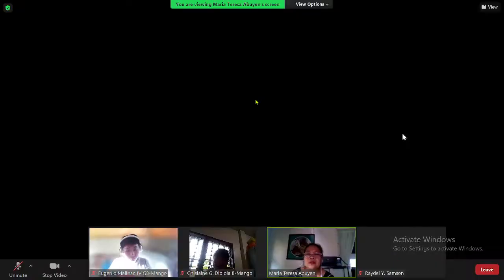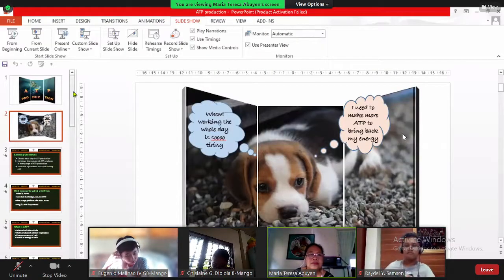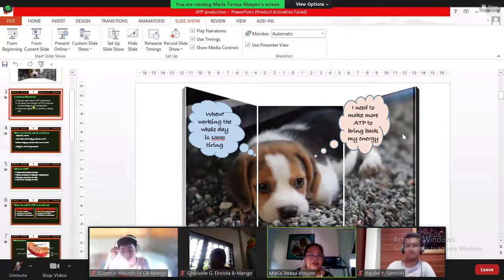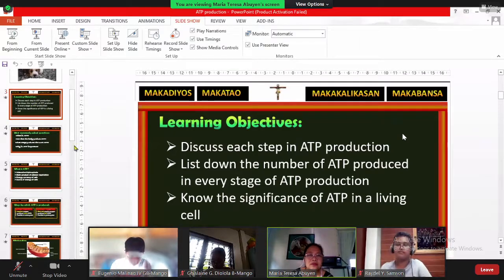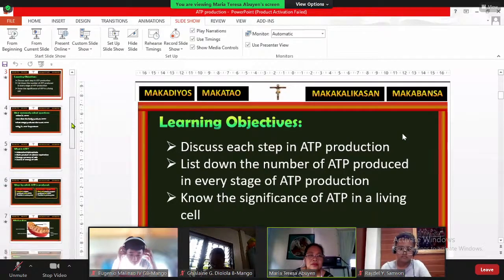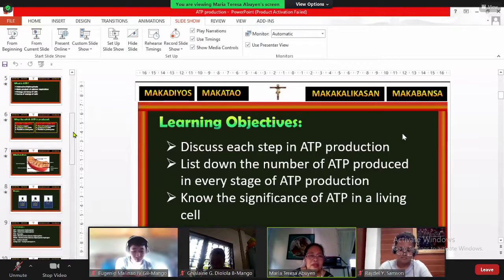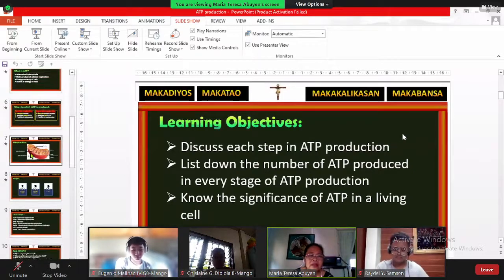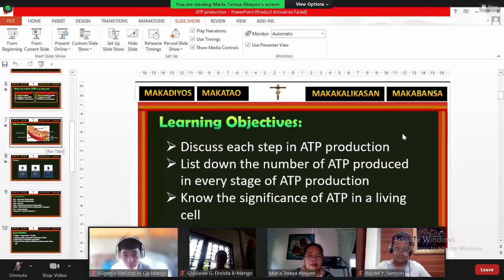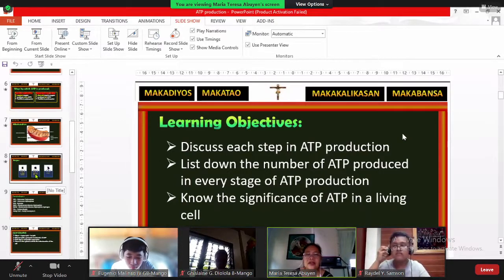Okay, so in today's discussion, the production of ATP, or cellular respiration, occurs in the mitochondrion, and it involves three stages: glycolysis, Krebs cycle, and ETC or electron transport chain.